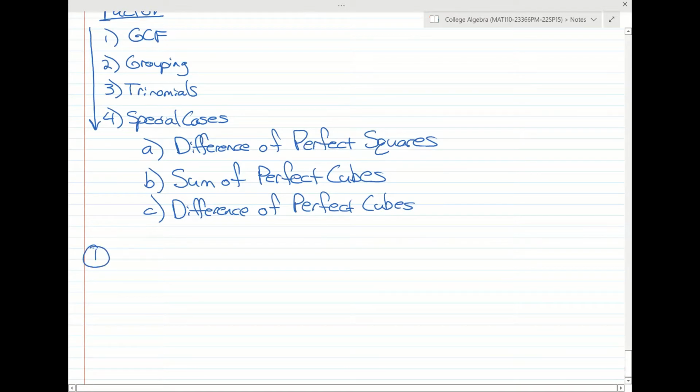First one I wanted to talk about is a difference of perfect squares.